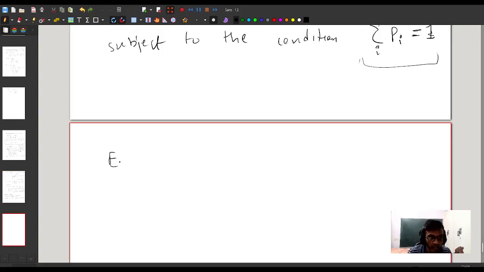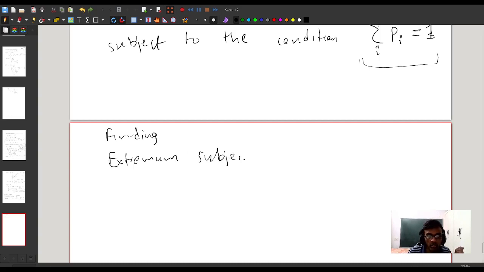This is finding an extremum subject to constraints in multivariables.